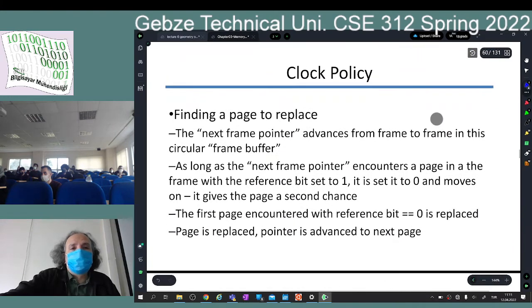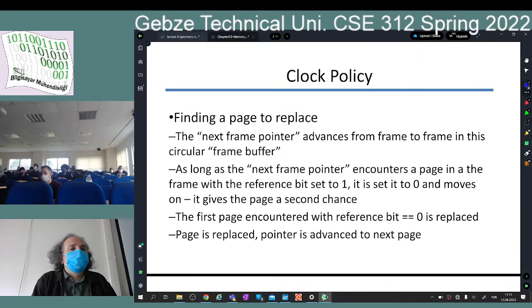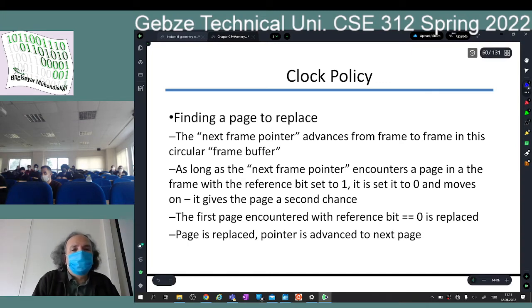So the clock policy, for finding a page to replace, uses the next frame pointer. I keep advancing that pointer from frame to frame. As long as the next frame pointer encounters a page with a reference bit of 1, I keep resetting it and moving the pointer.